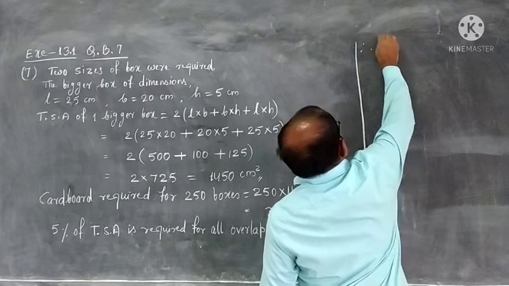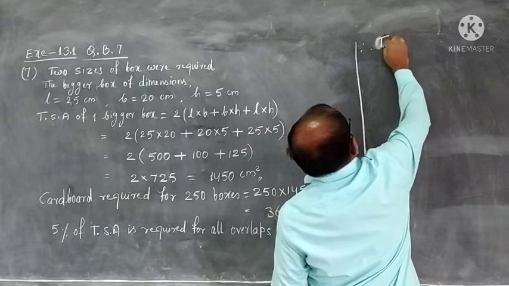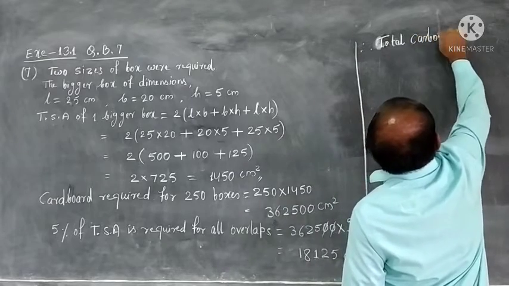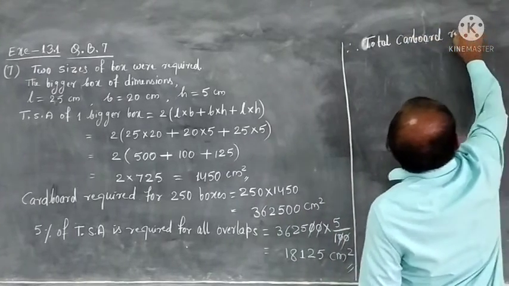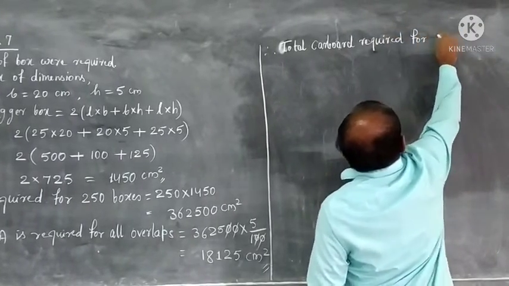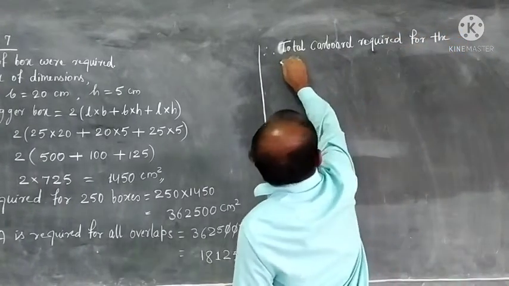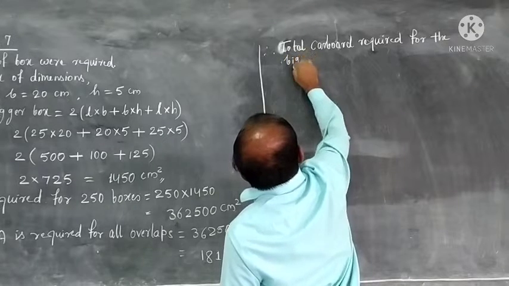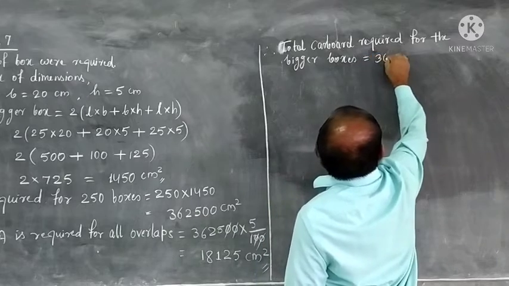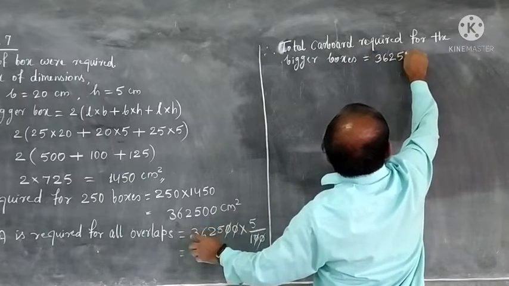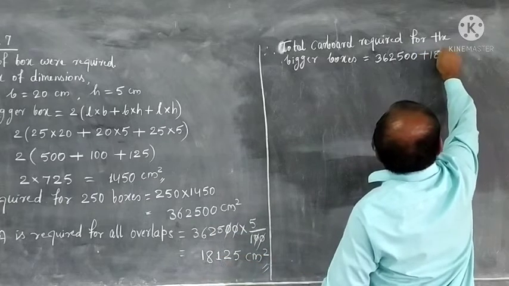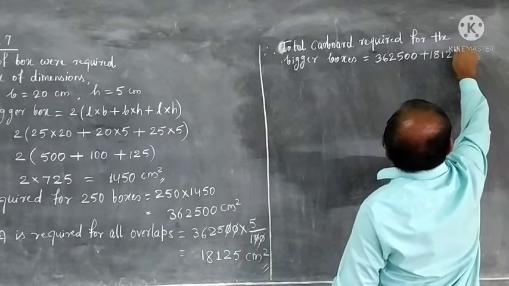Therefore, total cardboard required for the bigger boxes will be 362,500 plus 18,125.